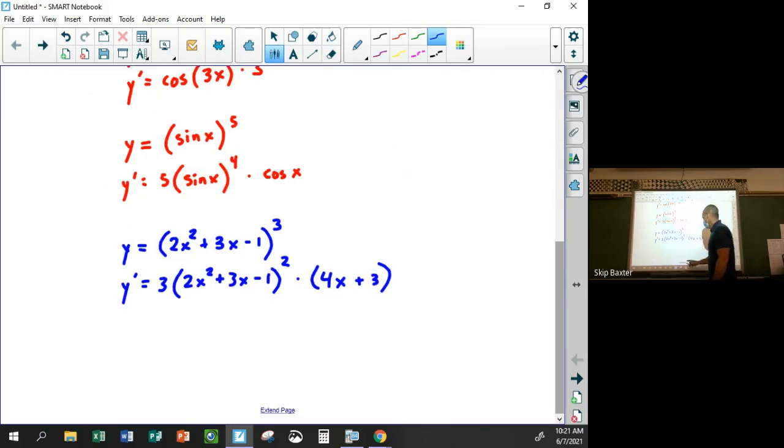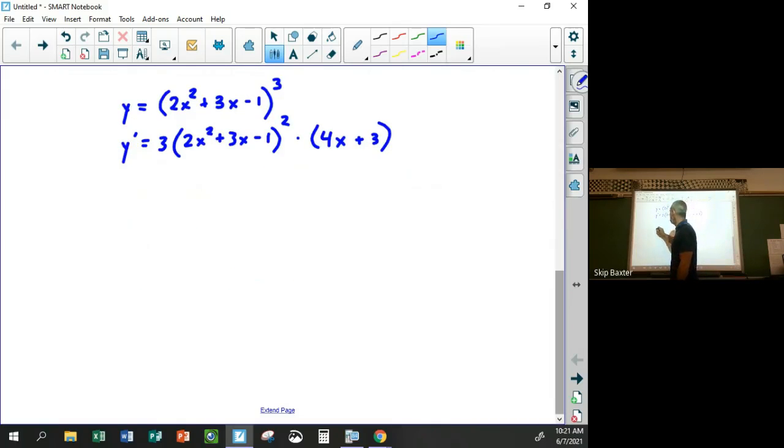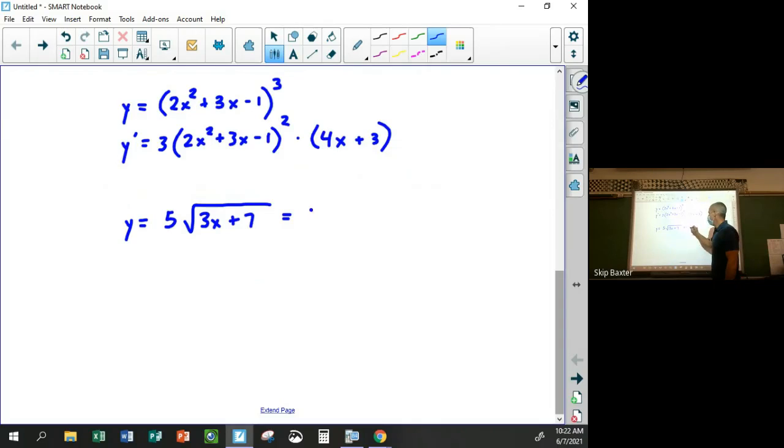Okay. What if it was something like y equals 5 square root of 3x plus 7? So this is really 5 times, I'm just rewriting it as a power, 5 times 3x plus 7 to the half power. Right.